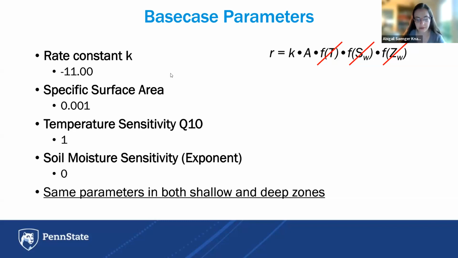You might remember that by setting Q10 to 1 and the SW_EXP to 0, I've made the reaction rate insensitive to temperature and soil moisture. Also, note that I've used the same parameters for our solid anorthite in both the shallow and the deep zones.